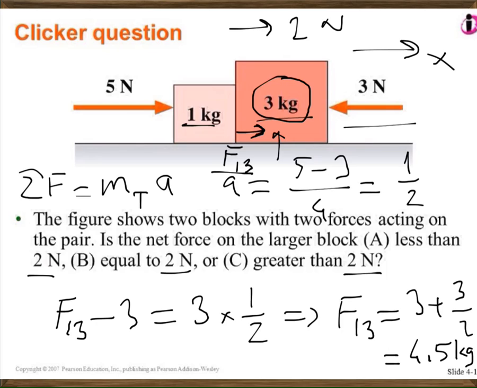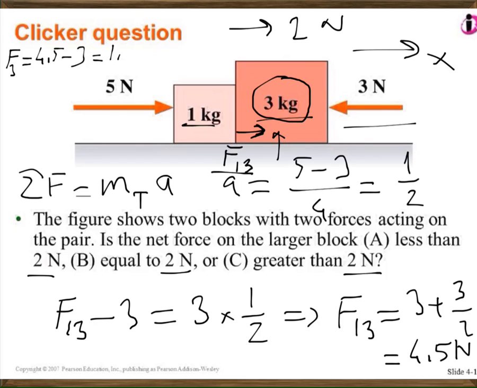But the question is, what is the net force on the larger block? So the net force on it is obviously, this is not kilogram, this is newtons, 4.5 newtons. The net force on the 3 kilogram block is 4.5 minus 3, because 3 is in the negative x direction.